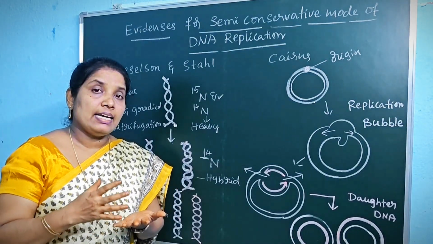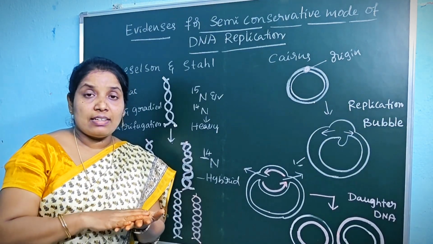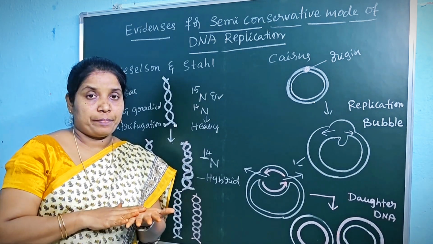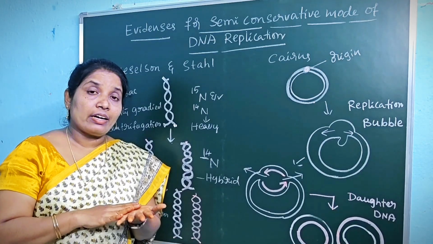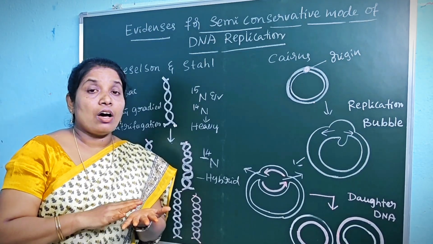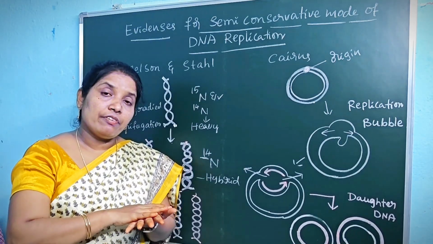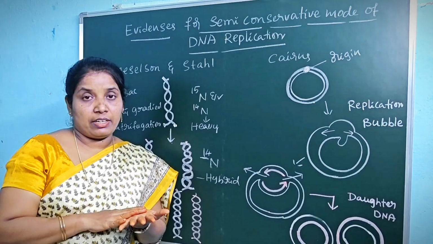Then he lysed the bacterial cells. He spread the DNA present in the E. coli onto a slide. The slide was covered with a photographic film for the autoradiography technique.